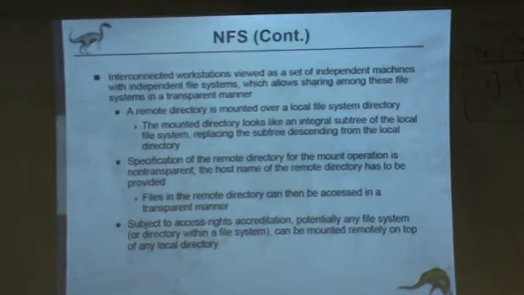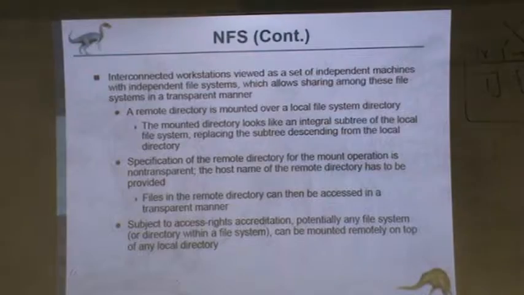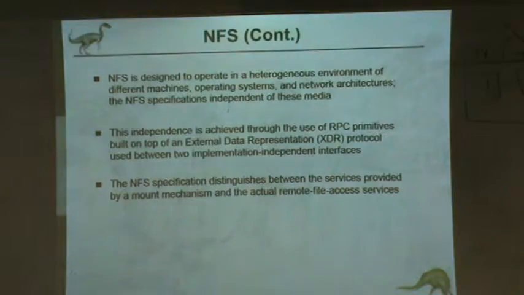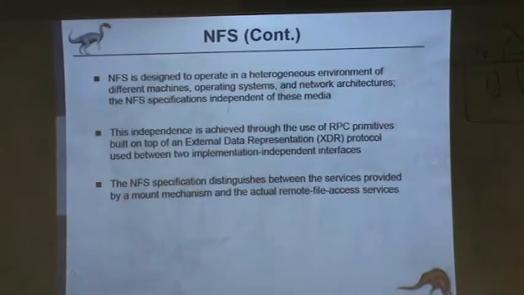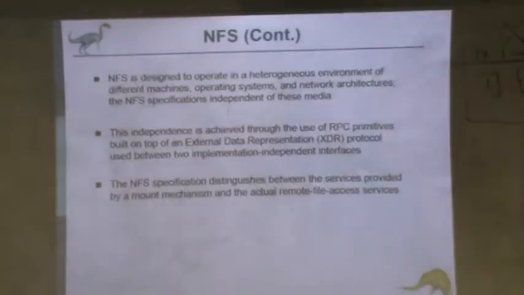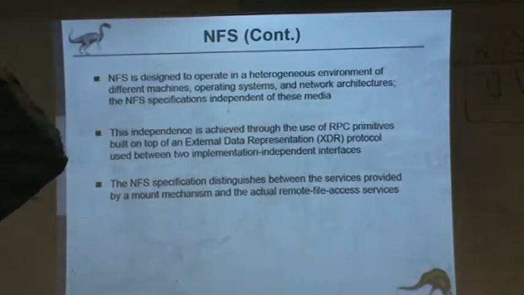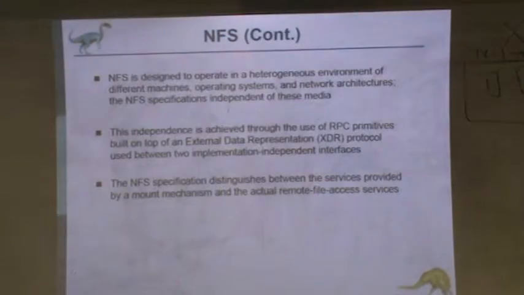In a network file system, the file is physically located elsewhere, and then we can mount it to a local directory. That is called NFS. At that time, we can use RPC. Do you remember RPC, remote procedure call? You can execute operating system calls remotely.